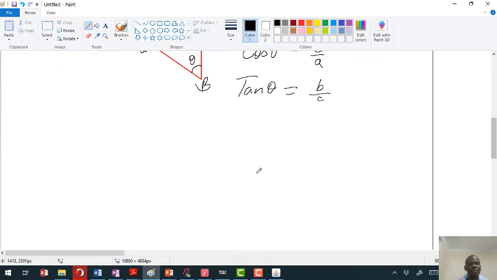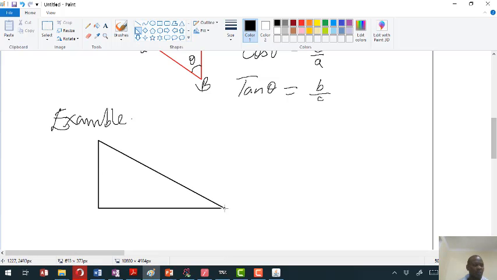Example. We are going to have this triangle PQR, and the angle of reference is this one here. This is the right angle triangle.